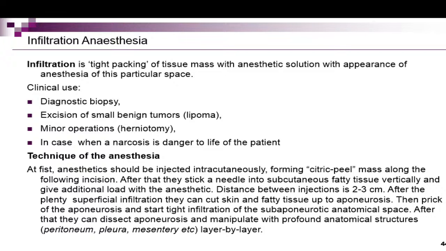Technique of the anesthesia. First, anesthetic should be injected intracutaneously, forming a citrus peel mass along the following incision. When you mark the operation field with a line, which will be the incision, you should anesthetize the skin along this line by intracutaneous injection until the citrus peel appears.